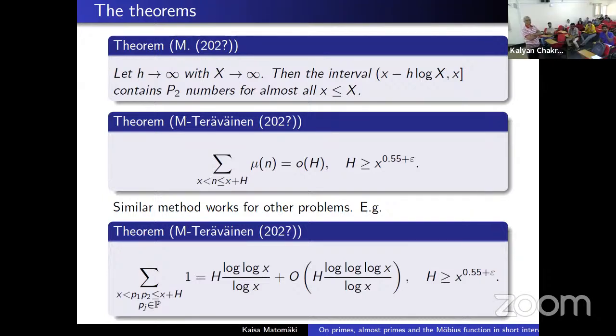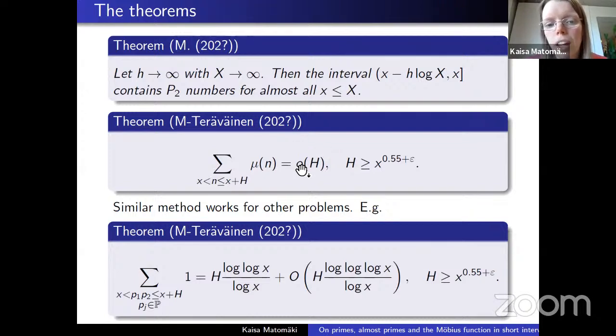Okay, so you have an arbitrarily small power saving on that. So it's like x plus big O of x^(1-epsilon). For the exceptional set, we can have a good saving by our methods, but for the little o of h term here, the saving is small. It's like a small power of log x that we can never beat.